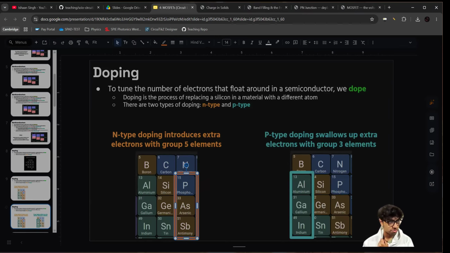If I introduce extra group 5 elements, you can imagine I have a silicon, and maybe a phosphorus right here. This phosphorus has an extra proton compared to silicon. So it's going to be an extra positive charge stuck in place right there. But it also contributes an extra negative charge. So while you might have one negative charge surrounding the silicon right here, here, and here, you have two negative charges right there.